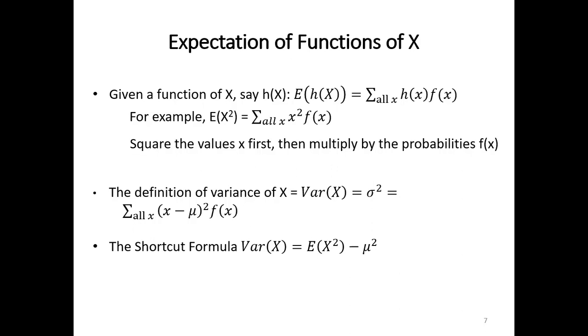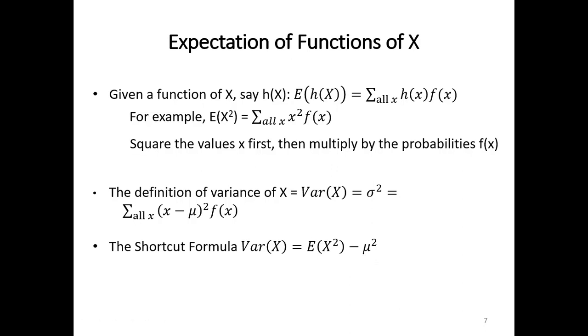That's similar to the definition of variance of just a set of numbers. But a formula that we'll prove in the class notes and in the textbook is what I call the shortcut formula. And this tells us that the variance of x is equal to E of x squared minus the mean squared.